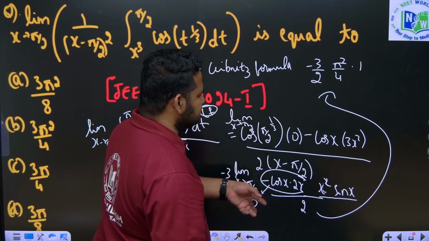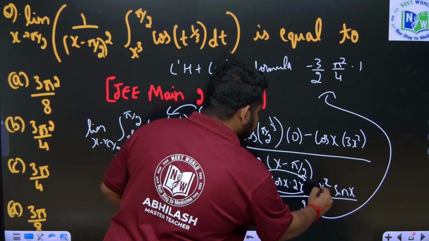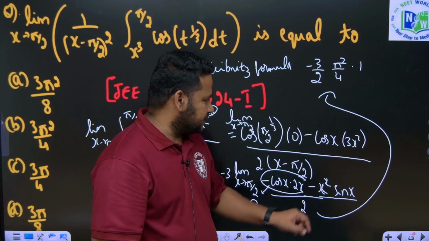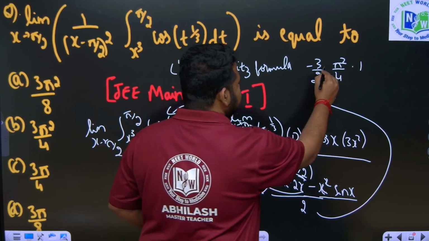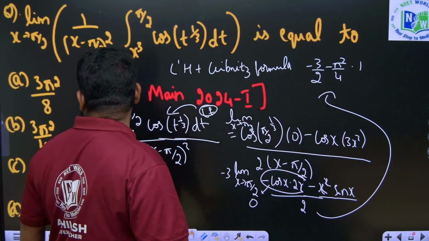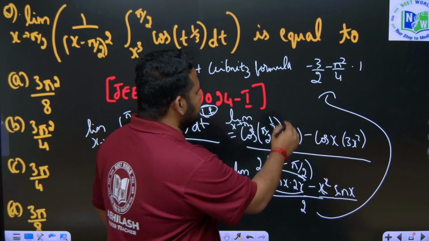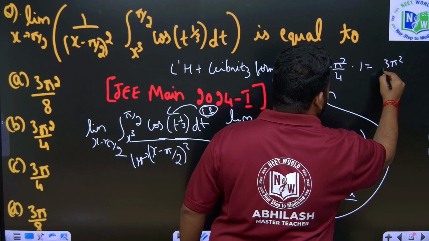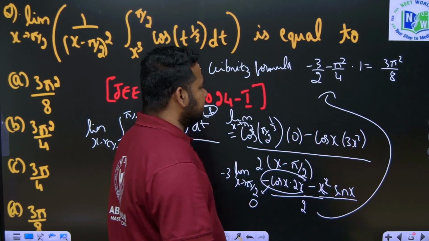Derivative of cos x is minus sin x, so this will become minus x square into sin x. So this will become minus 3 by 2 into pi square by 4, minus into minus will be plus, so 3 pi square by 8.